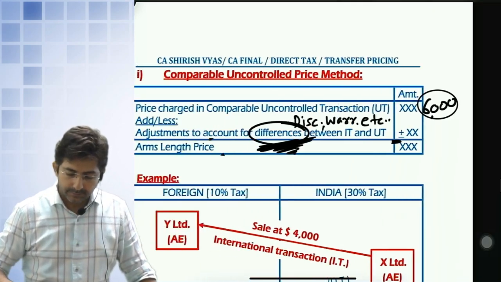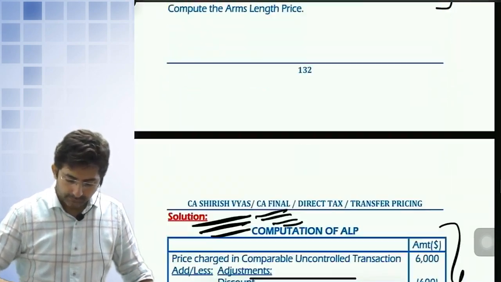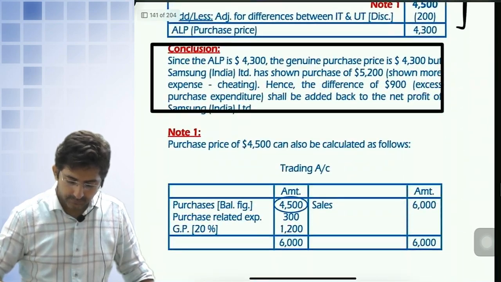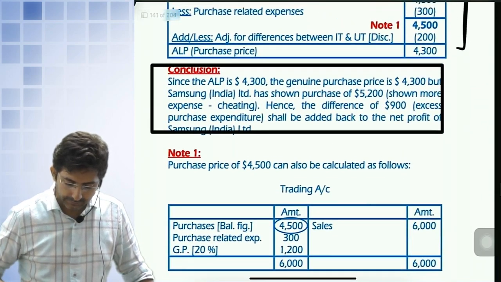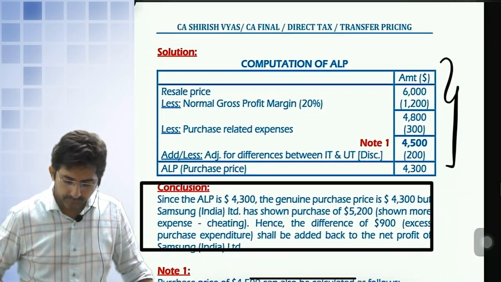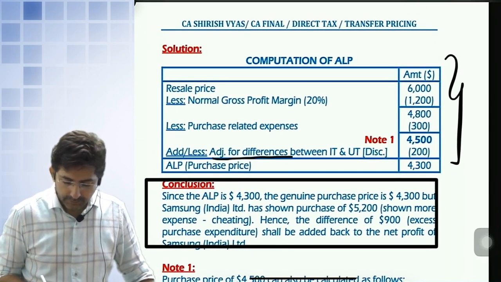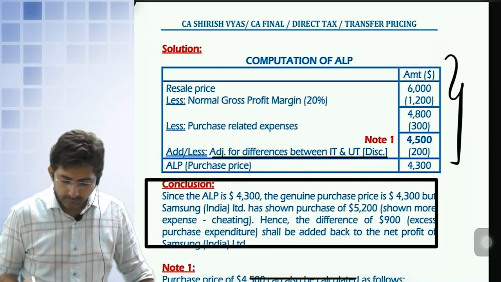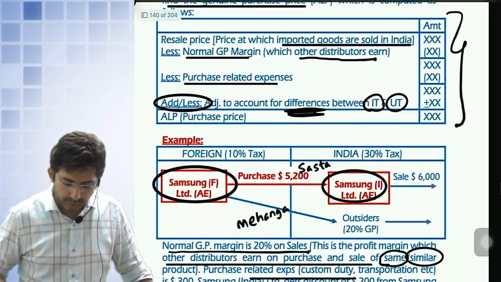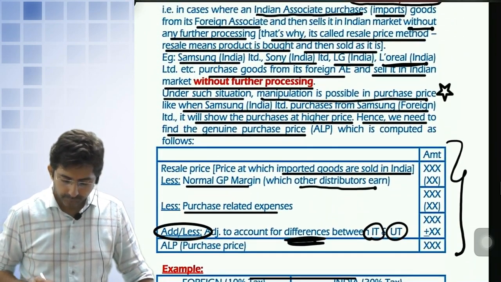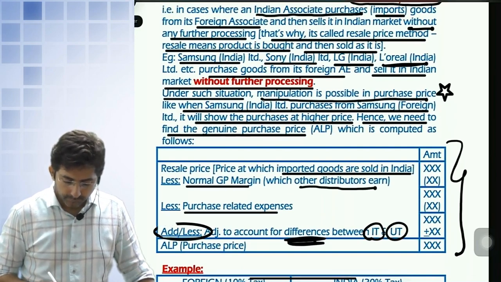And then see the resale price method. Even there the language is like this. Wait, the original format is here. Can you see here?